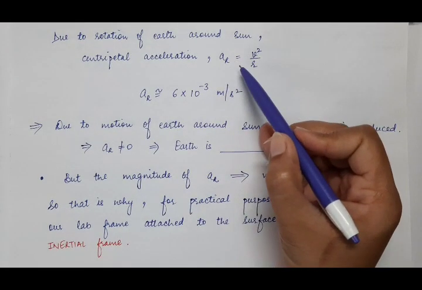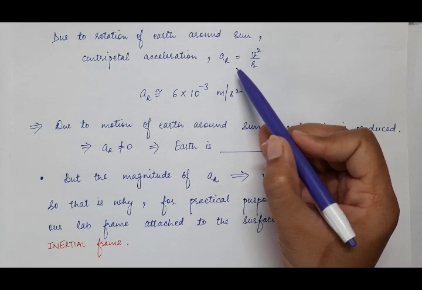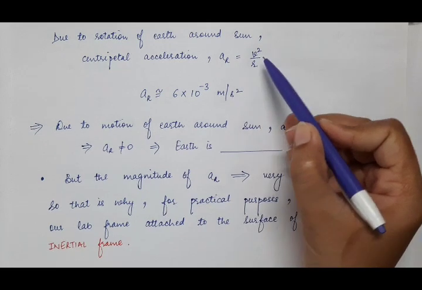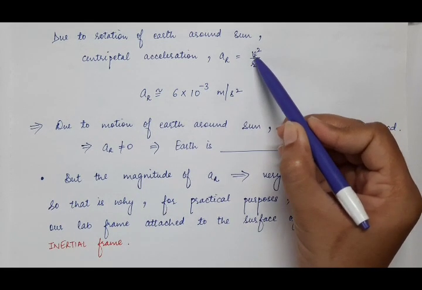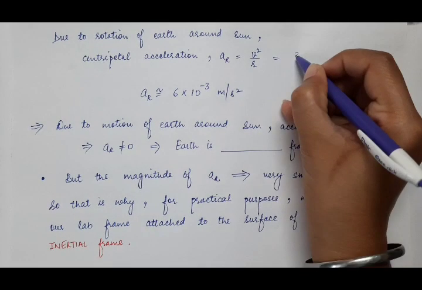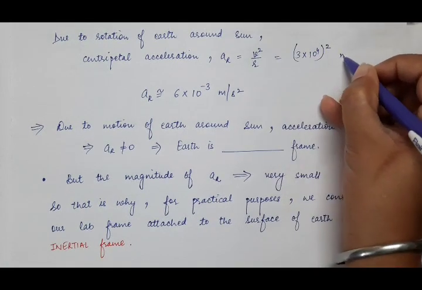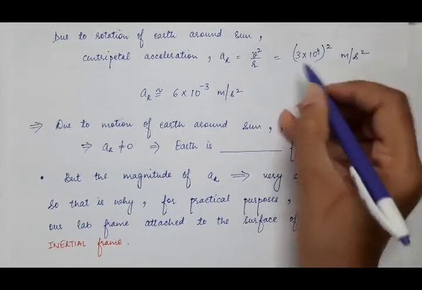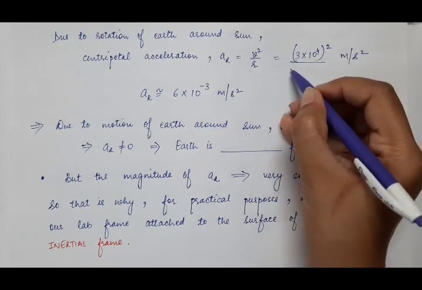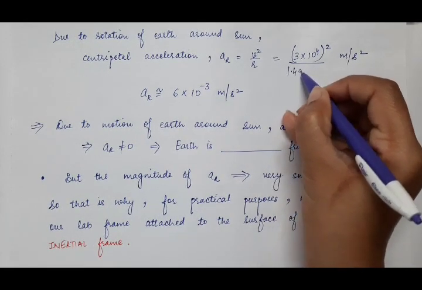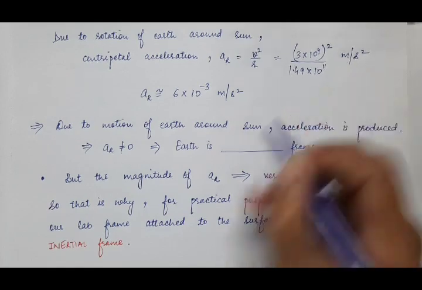The expression for the centripetal acceleration which arises due to the rotation of Earth around Sun is v square by r. What is v? It is the orbital velocity which we have just calculated, and it is 3 into 10 raised to power 4, squared. Units are meter per second square of acceleration, divided by r, the radius of orbit, which is 1.49 into 10 raised to power 11.